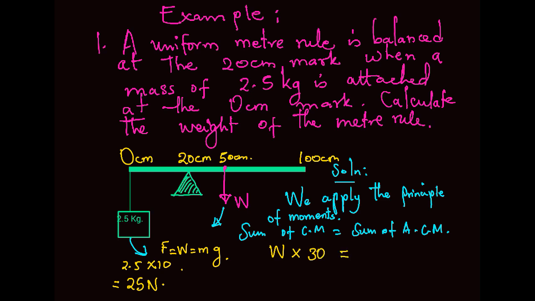This should be equal to the force 25 newtons multiplied by 20 minus 0, which is 20 centimeters. All the distances are measured from the point of balance, which we also call the pivot. So weight is equal to 25 times 20 over 30.